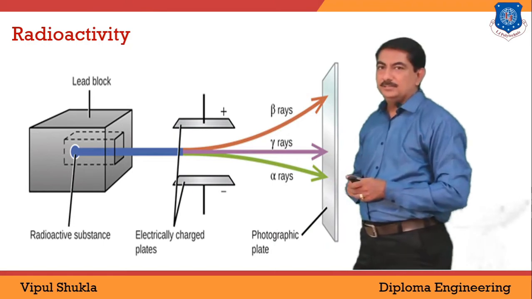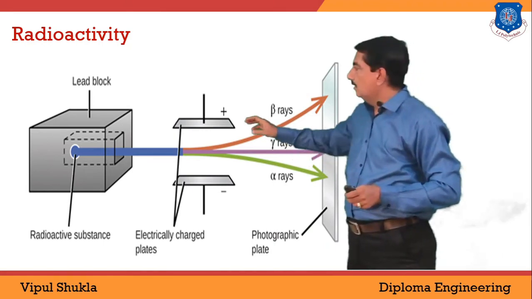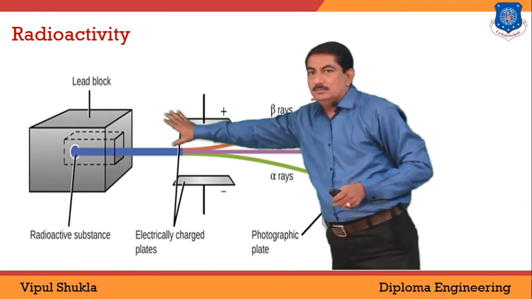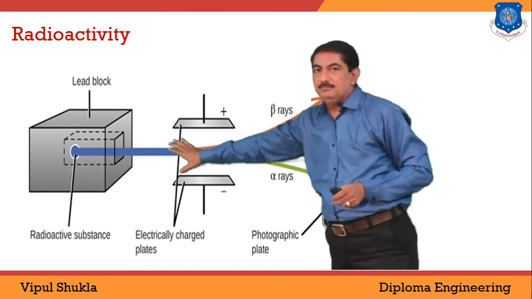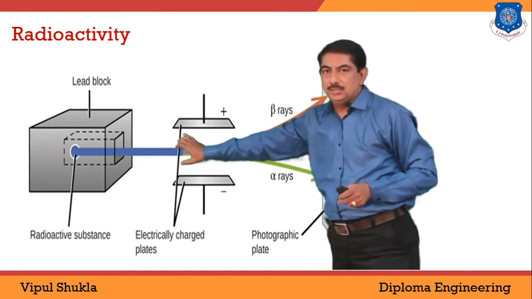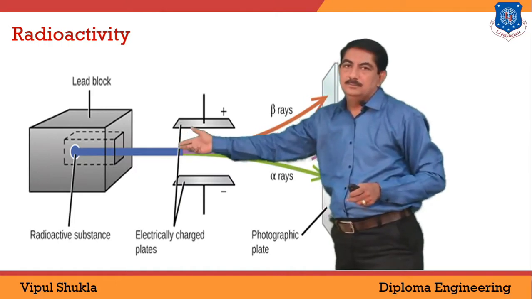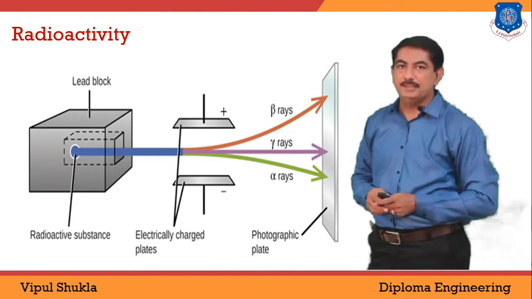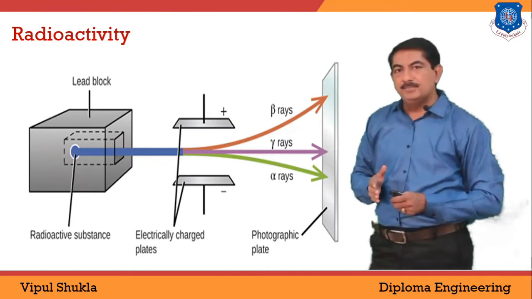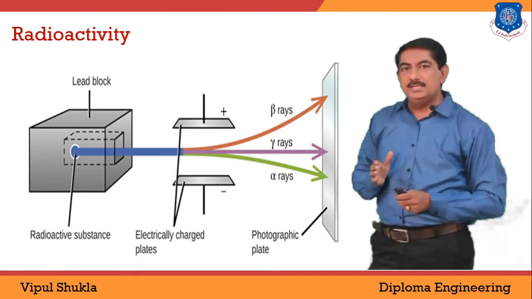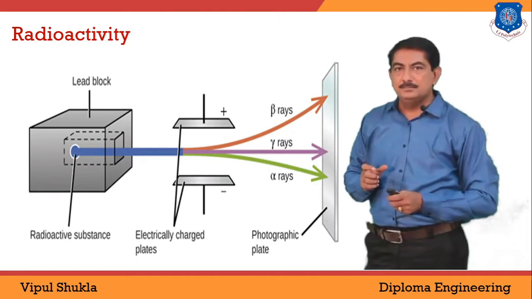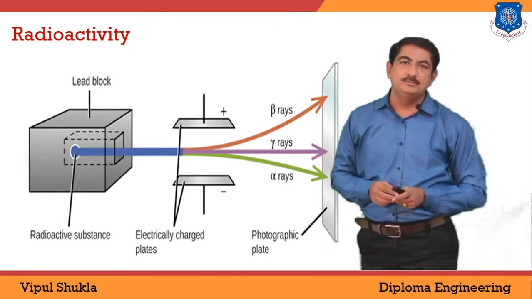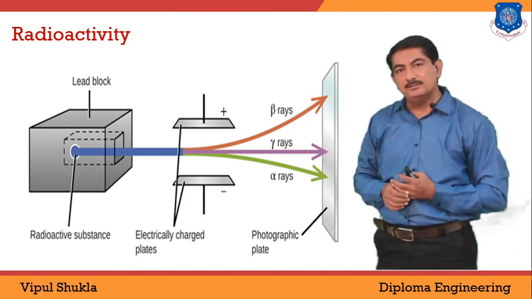Look at this figure. This is a lead block. Inside is a heavy element like uranium, thorium, protoactinium. These are examples of heavy elements. You know that the number of protons and neutrons is bigger in the case of uranium, thorium and protoactinium atoms.